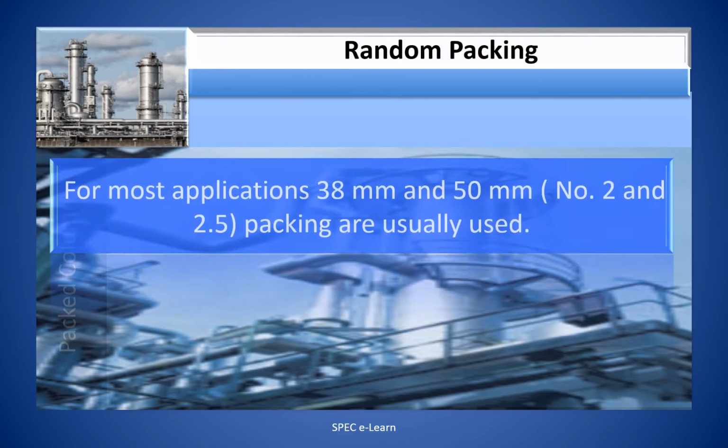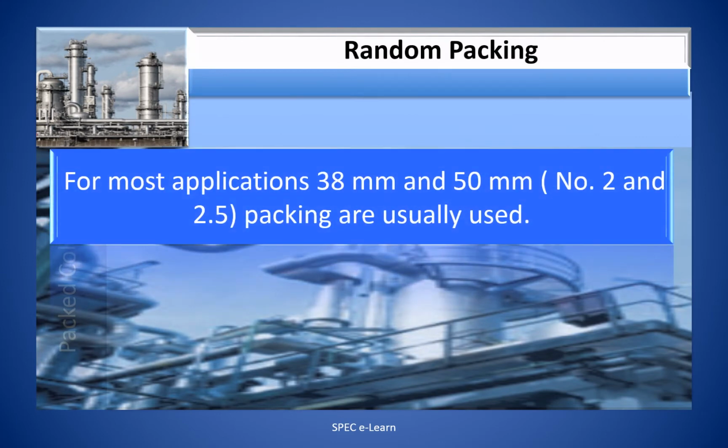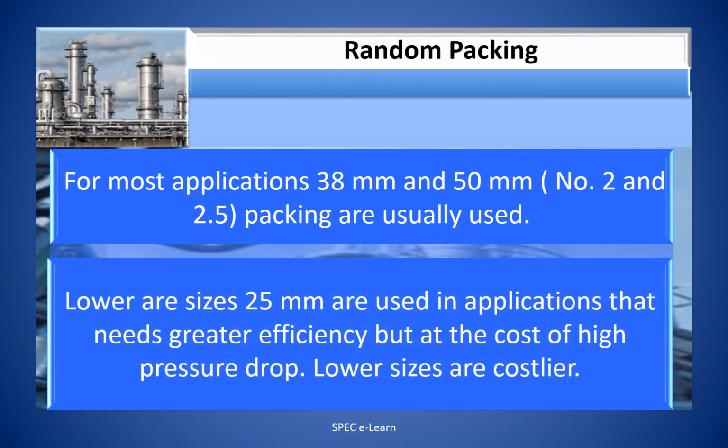Size of packing to be selected depends on the column diameter. For most applications, 38 mm and 50 mm, that is number 2 and 2.5 packing, are usually used. Smaller sizes of 25 mm are used in applications that need greater efficiency but at the cost of high pressure drop. Smaller sizes are costlier.